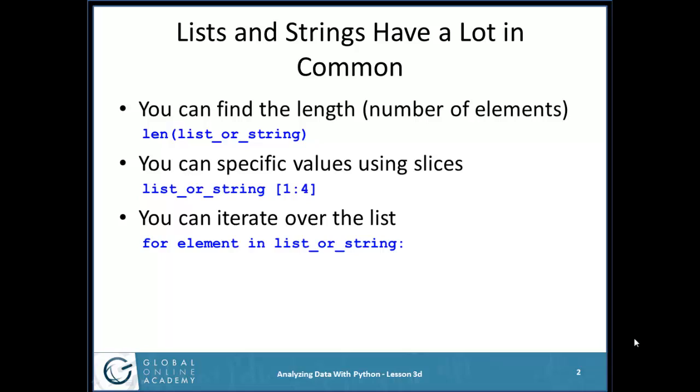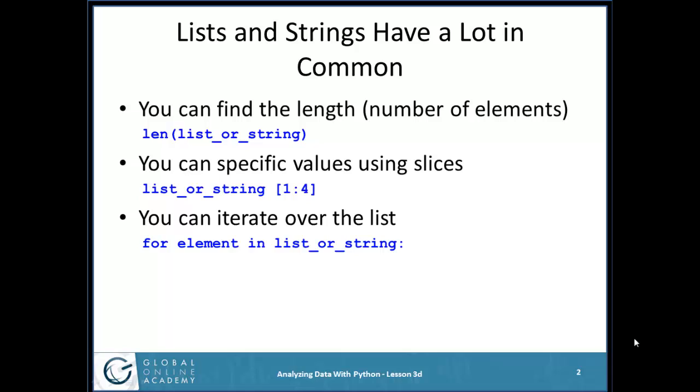You can specify particular values using slicing. We did slices with square brackets and either a single number or 2 numbers separated by colons or 3 numbers separated by colons for a start, a stop, and a step value. And we could use that with both lists and strings.